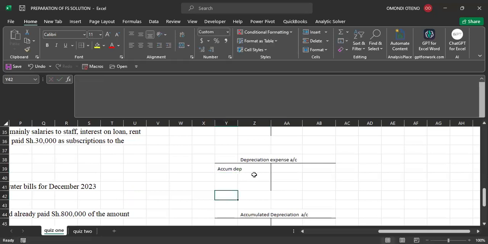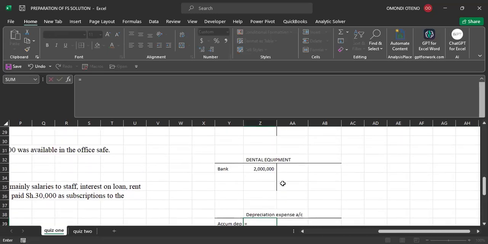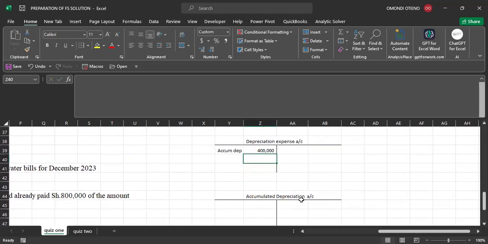We are going to take how much? Depreciation expense for the current year: we are told the asset is supposed to last 5 years. So its value, 2 million, divided by 5. So every year it's supposed to depreciate by 400,000, right?